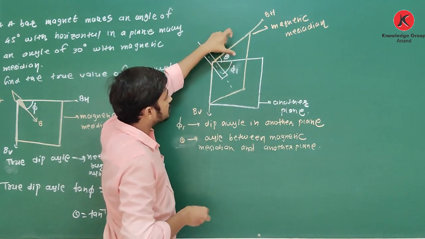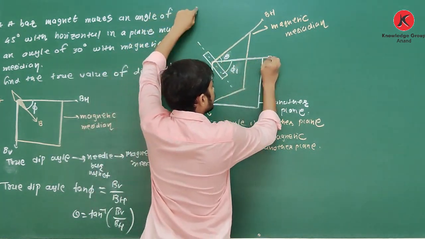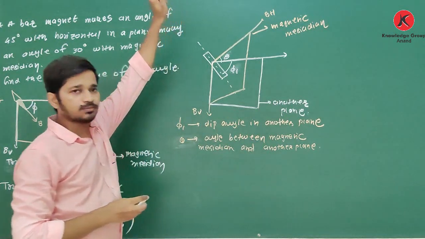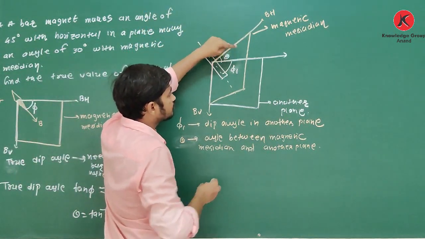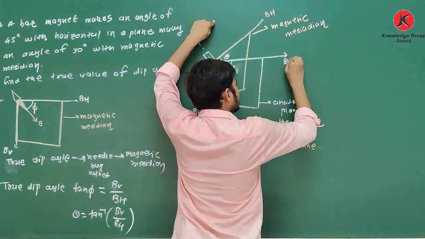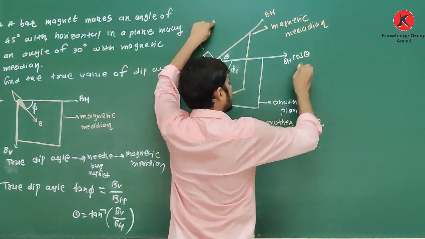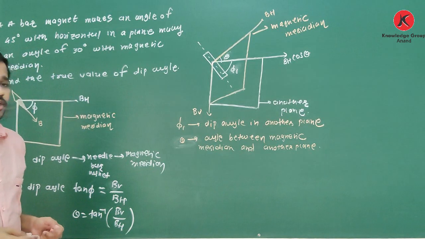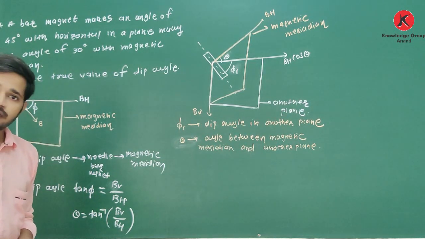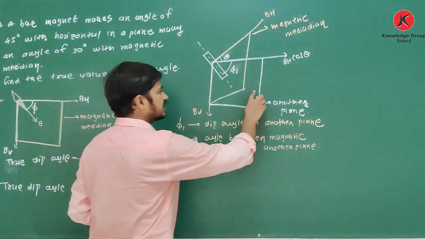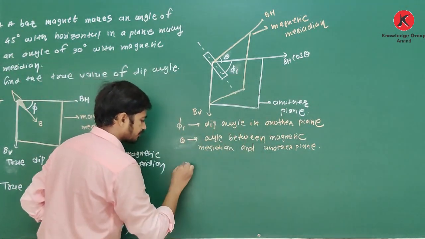This BH makes angle theta with this component, so it becomes BH cos theta. Do you understand this? Clear about this? So now in this another plane, what is the dip angle?